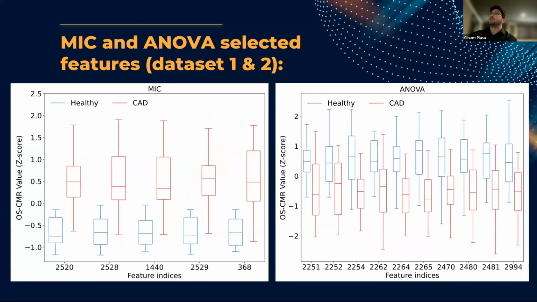However, when we move on to the MIC and ANOVA selected features, and these are just different methods that we can use to conduct feature selection, what we clearly see is that, especially for data set 1, across the different 5 selected features, the distribution for healthy and patients with CAD is very different. We've kept both of the feature selection methods because we found that for some diseases, it might work better to use MIC or ANOVA.